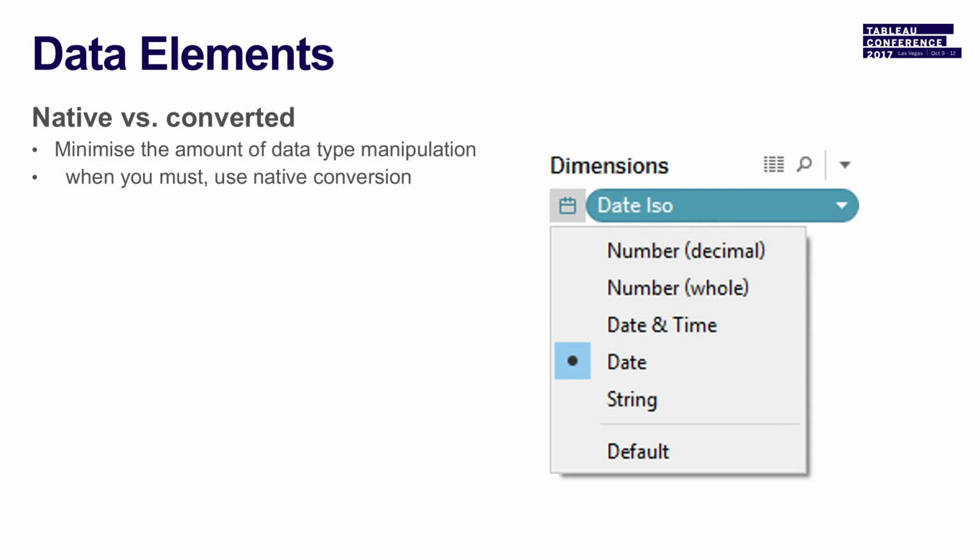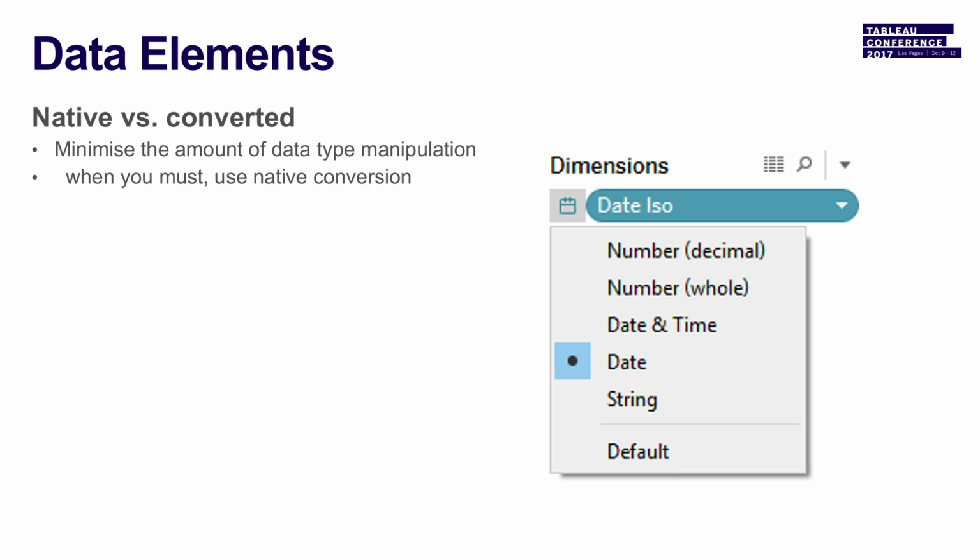First thing I want to talk about are the data elements in here. And you probably are aware that in Tableau, you can change the type of a piece of data. So you might have something which is in your underlying data source being read through as a string, but it's really a number, so you can cast it between these data types in here. Well, when you do this, what we're effectively constructing in the query that goes to the data source is a cast or a convert statement.